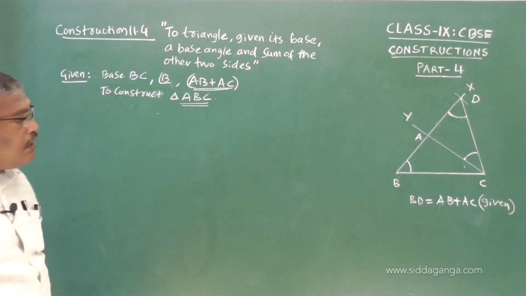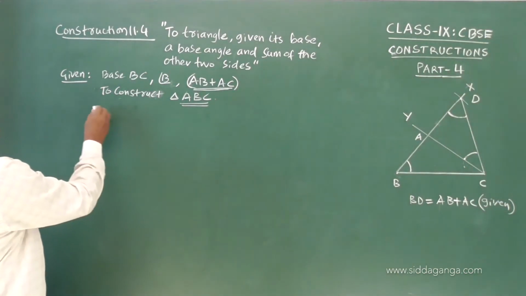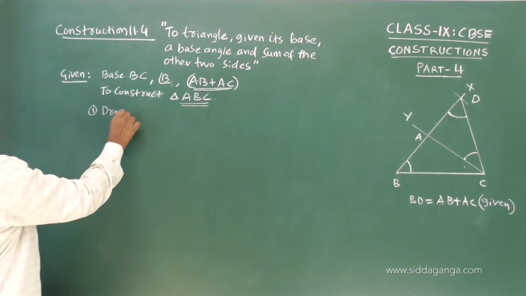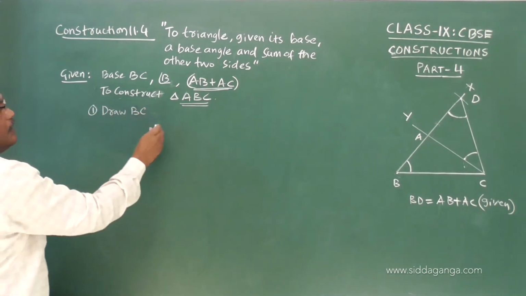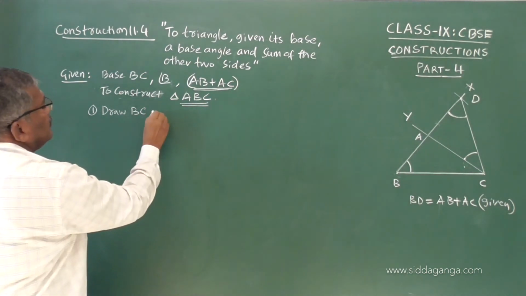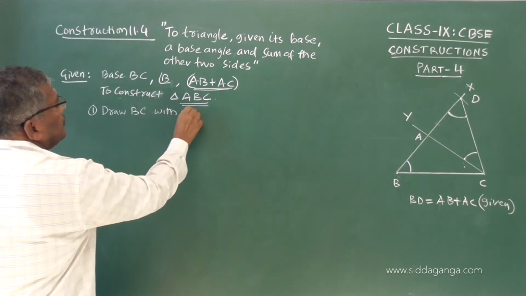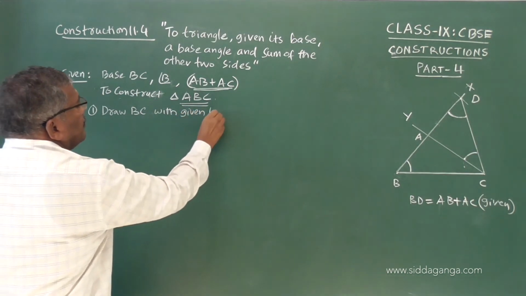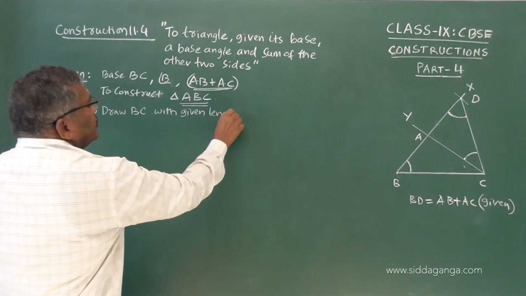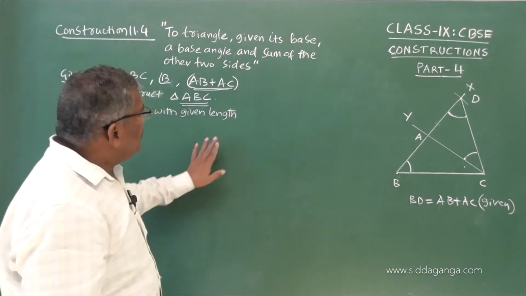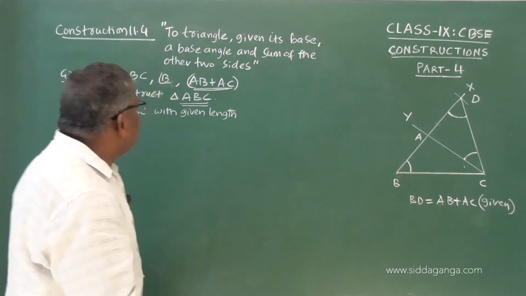Draw BC at the given length. So one, draw BC with given length. So if 10 centimeter is given, you draw 10 centimeter. If 8 centimeter is given, you draw 8 centimeter.